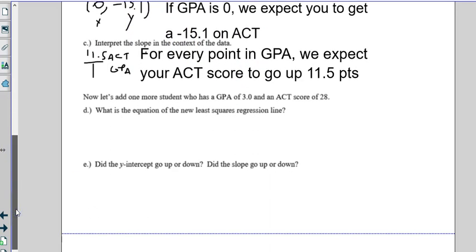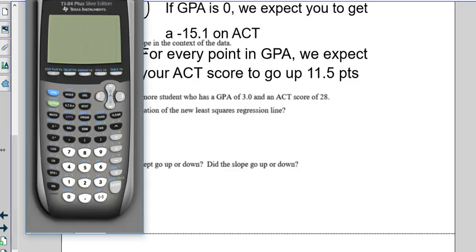All right. Now, it says add another thing. So here's how you do that. Go back to your calculator. Here's a little trick. Stat. Turn off first. Stat, Edit. Come over to L1. Just go up twice, and you'll be at the bottom of the list. So we're adding a GPA of 3.